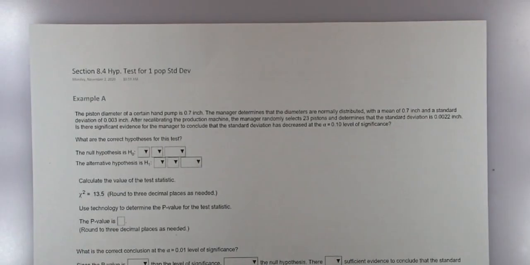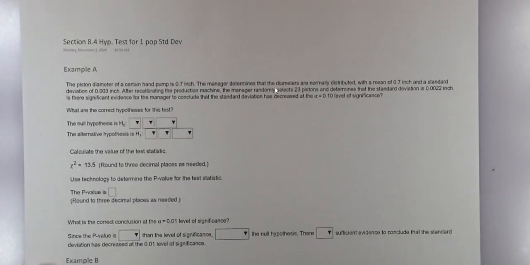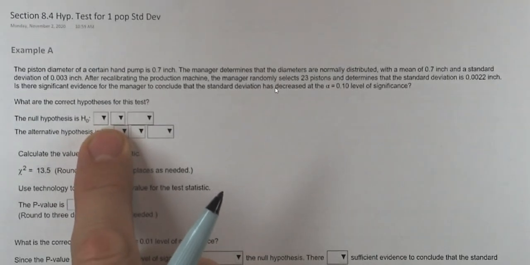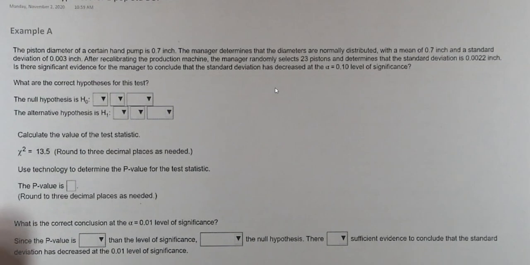Let's take a look at something that you would see in your homework. And in your homework, you're going to be asked to fiddle with some of these little knobs a little bit. So you're going to have to decide your null and alternative hypothesis and put those in. Let's first of all look through this example. The piston diameter of a certain hand pump is 0.7 inches.